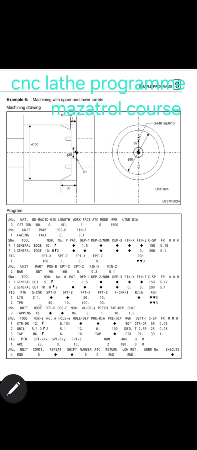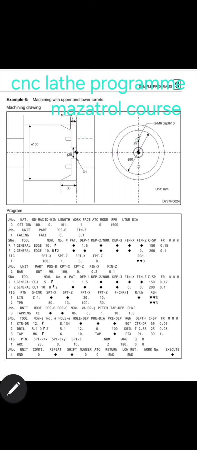Program mode HC. We use the post B, post C. We use the M6, major 6 and pitch 1, and tap T10 and chamfer 1.5.